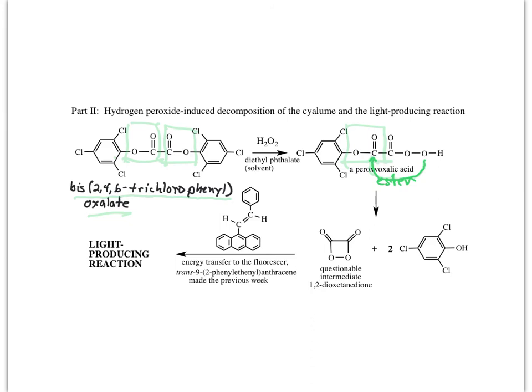So it attacks the other ester bond to create this highly strained intermediate, this 1,2-dioxetane dione.